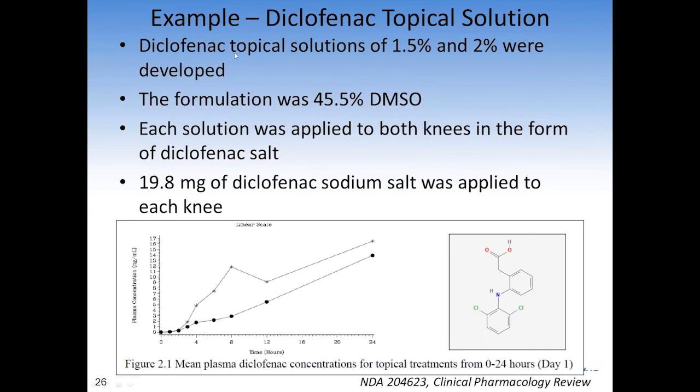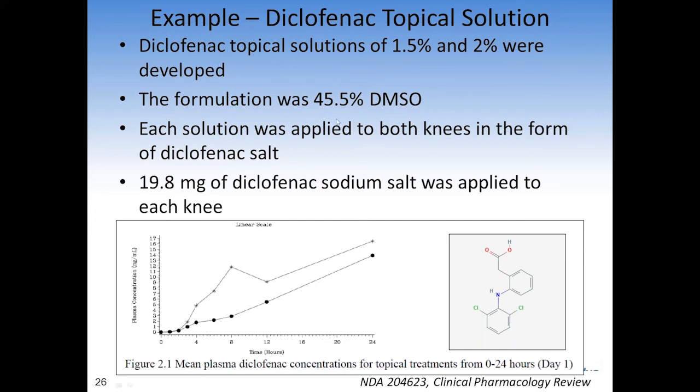In this case there were two topical solutions of diclofenac with concentrations of 1.5% and 2%. We didn't have a lot of information about the formulation, and unfortunately this is a perennial issue when we're trying to model these formulations: oftentimes we don't have very much detail about the composition. But in this case we did know that it was 45.5% DMSO.